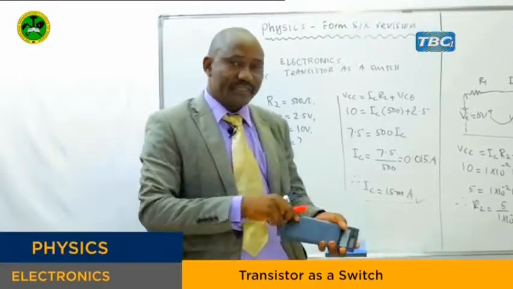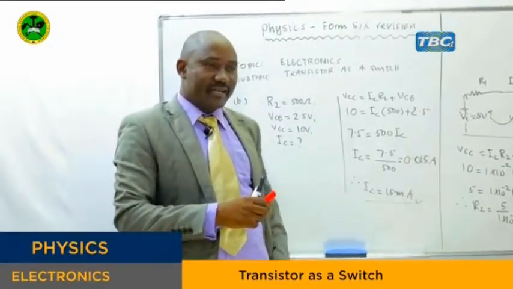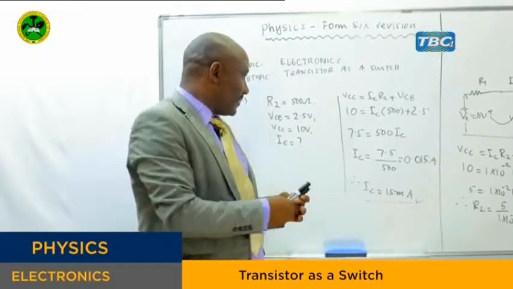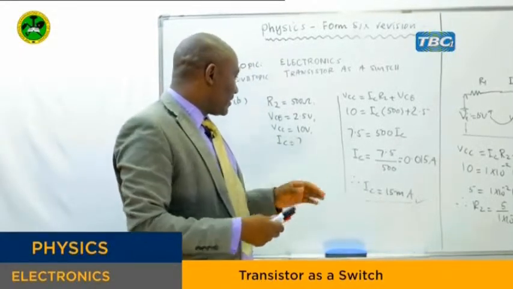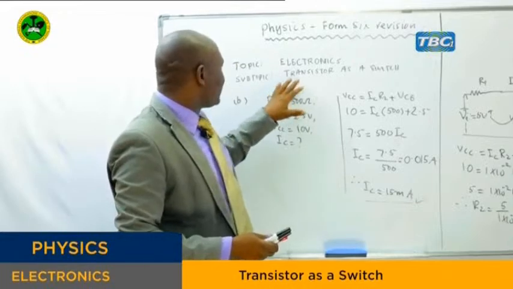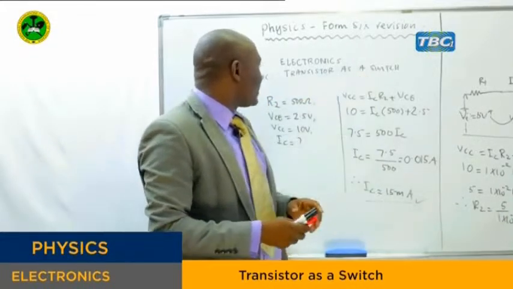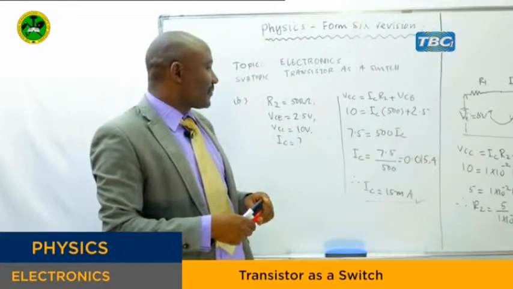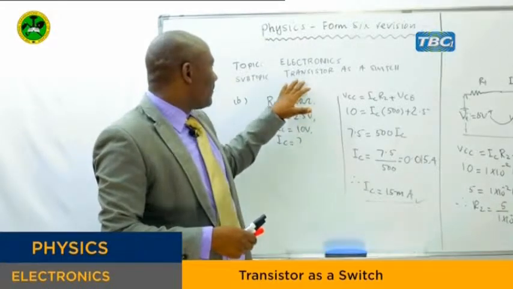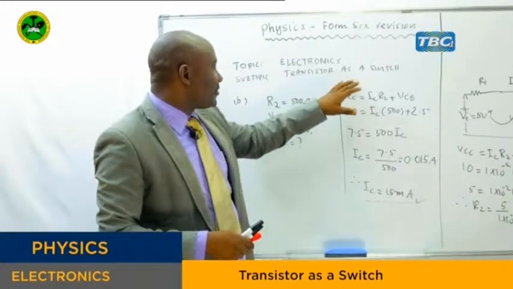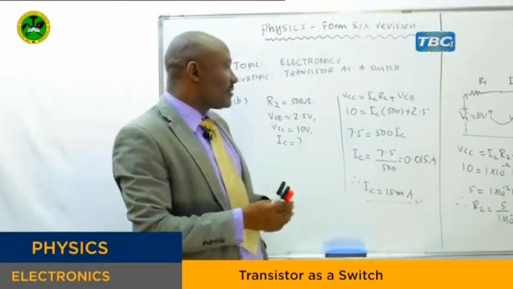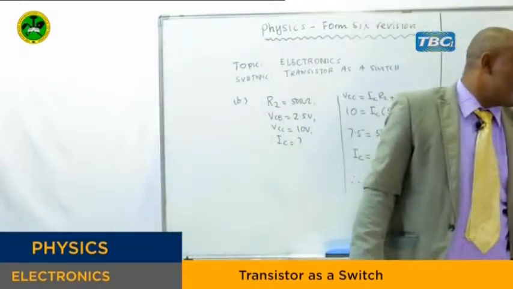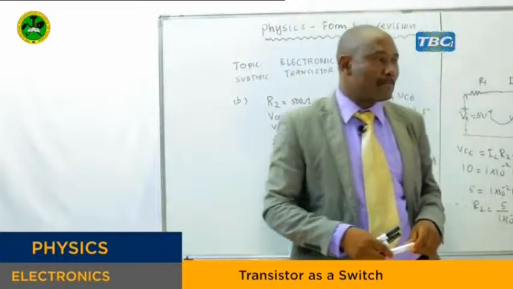Now, in today's discussion, we're going to discuss the subtopic known as transistor as a switch. But before we talk about the switch, we are supposed to discuss the saturation and the cutoff state of a transistor.